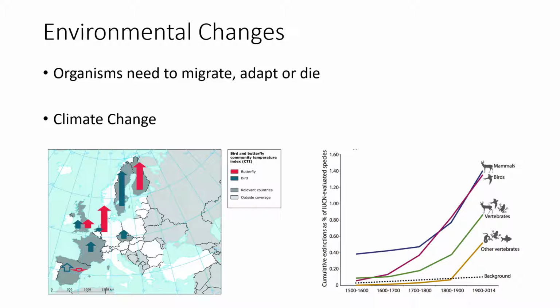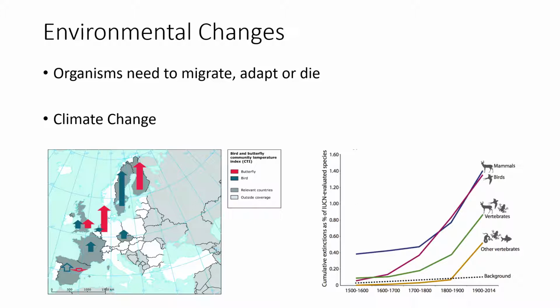So when environmental changes and disruption come along, organisms are going to do one of 3 things. They're going to move, adapt, or die. We just talked about organisms adapting, but here on the bottom left, this is actually due to climate change: these organisms are shifting their range.